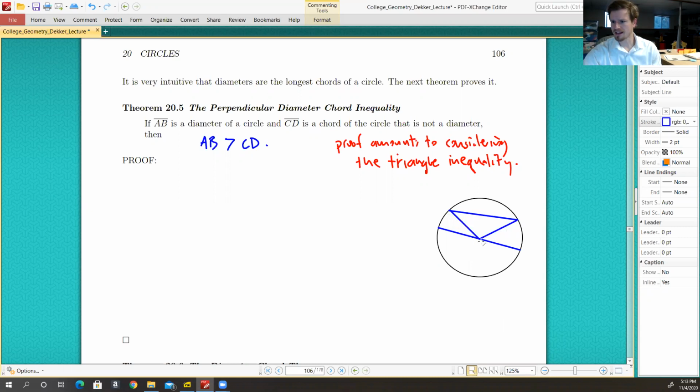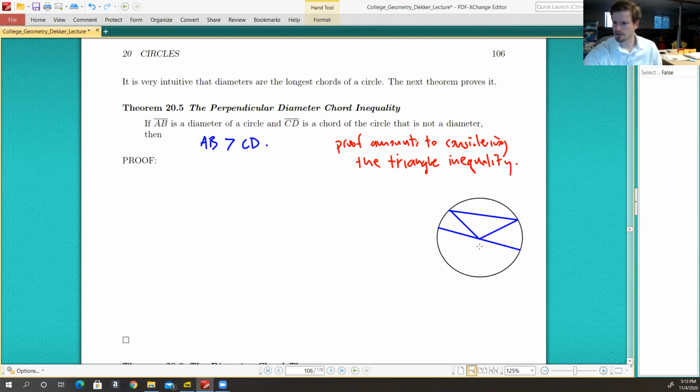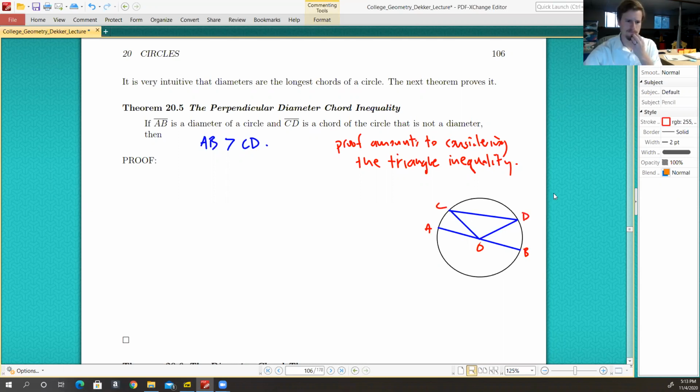So those lengths are the same as the length from the center of the circle to those points A, B, C, and D. We know that the sum of these two lengths is longer than that one by the triangle inequality. Hence, the sum of these two lengths, or simply the length from A to B, is longer than CD. So that's where we want to go with this.